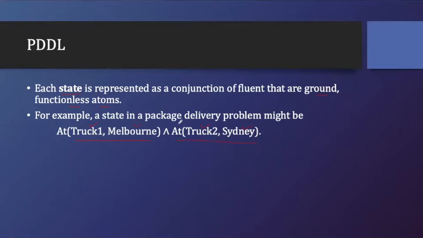Atom means this is one atom and this is another atom. So one clause and another clause, you can understand. So these are two clauses here, and based on this we will define that this is my one state. Now let's understand something more here in PDDL.